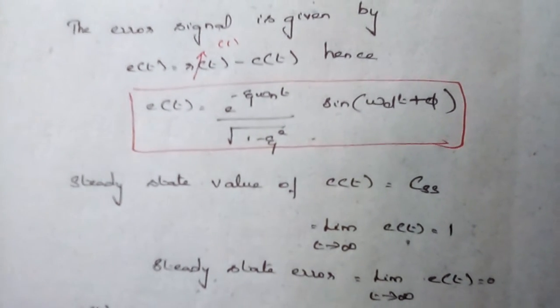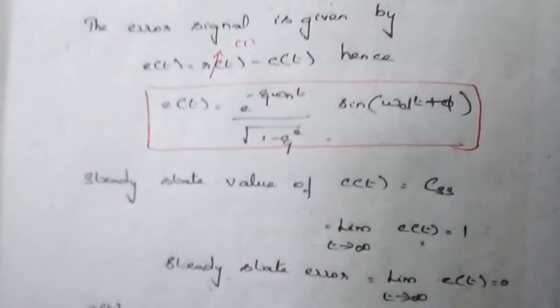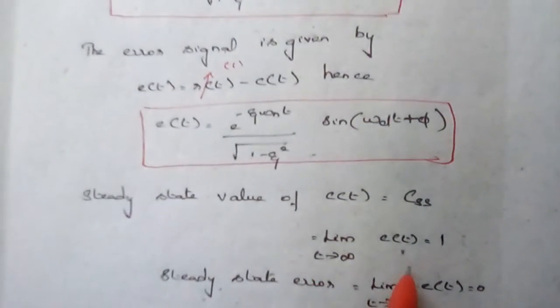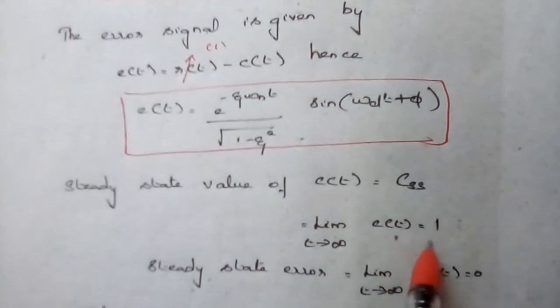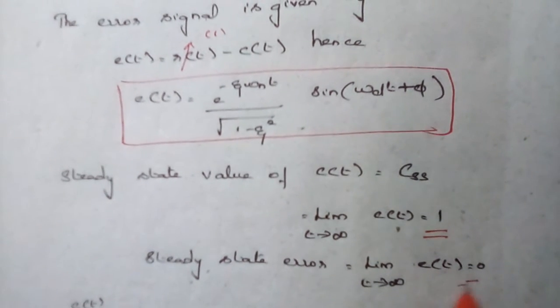And the steady state value, or the steady state error, of that second order system with the step input: for the time response, the steady state value will be equal to 1 and the steady state error will be 0.